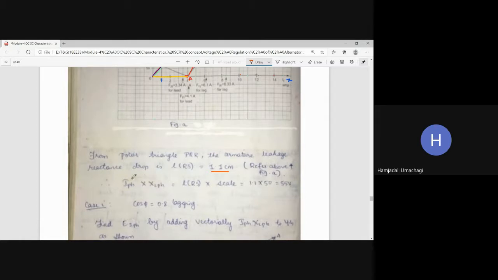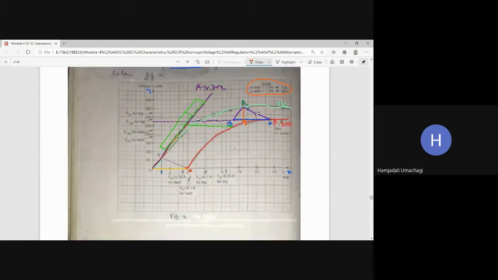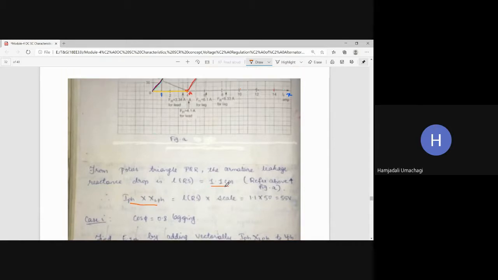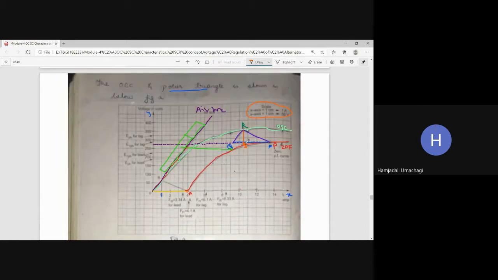So now IA into XL, if I want to calculate this information, I get it from this Potier triangle. Length of RS is 1.1 into scale. Therefore IA into XL is equal to length of RS into scale. Length of RS is along vertical distance, which means along the y-axis. My y-axis corresponds to voltage information.